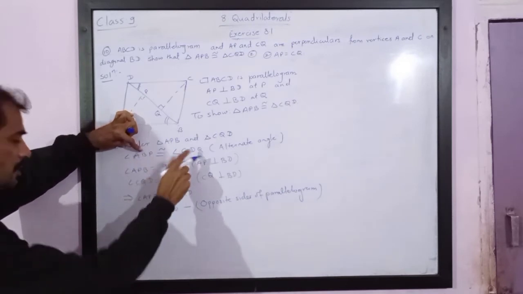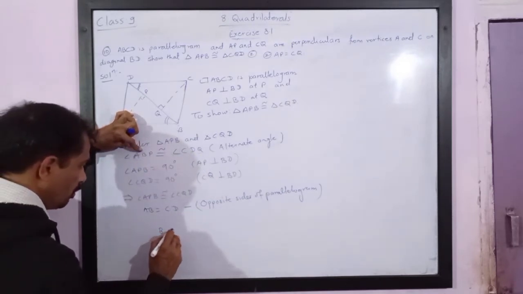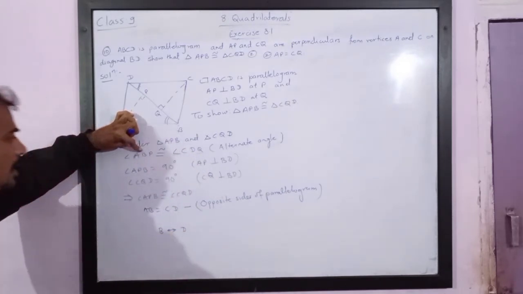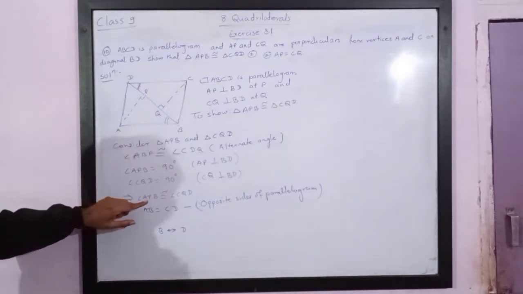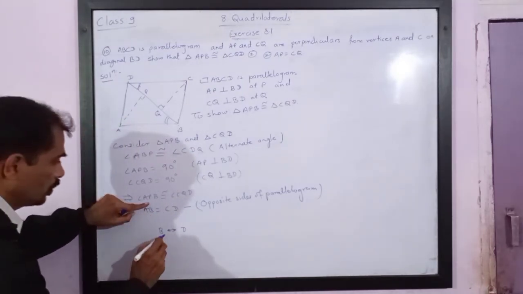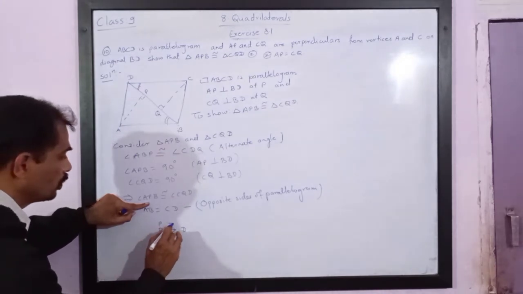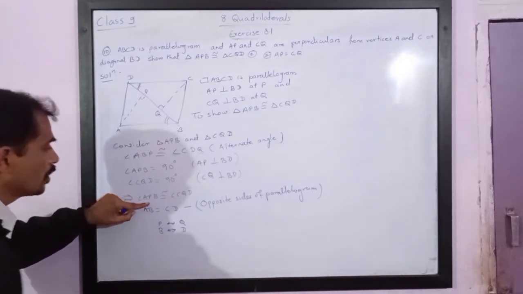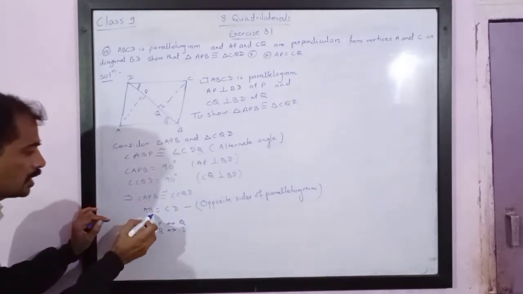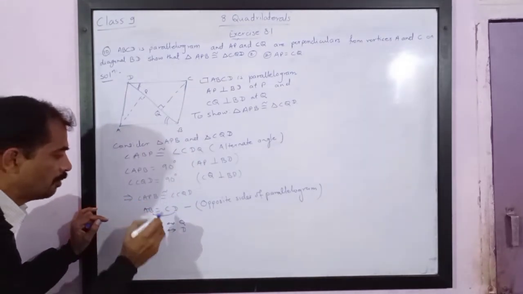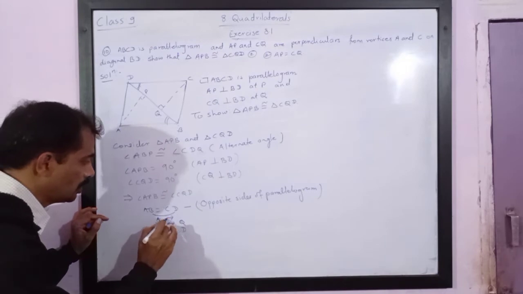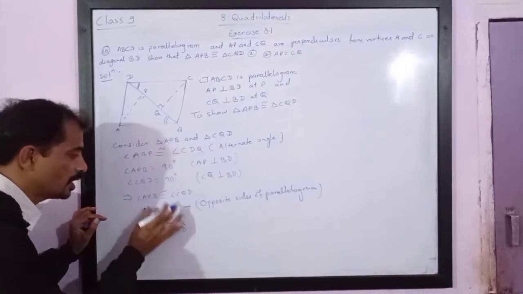First, B corresponds to D. Then P corresponds to Q. And for the remaining, if B corresponds to D, it means A must correspond to C. I have written the sequence in the opposite way.